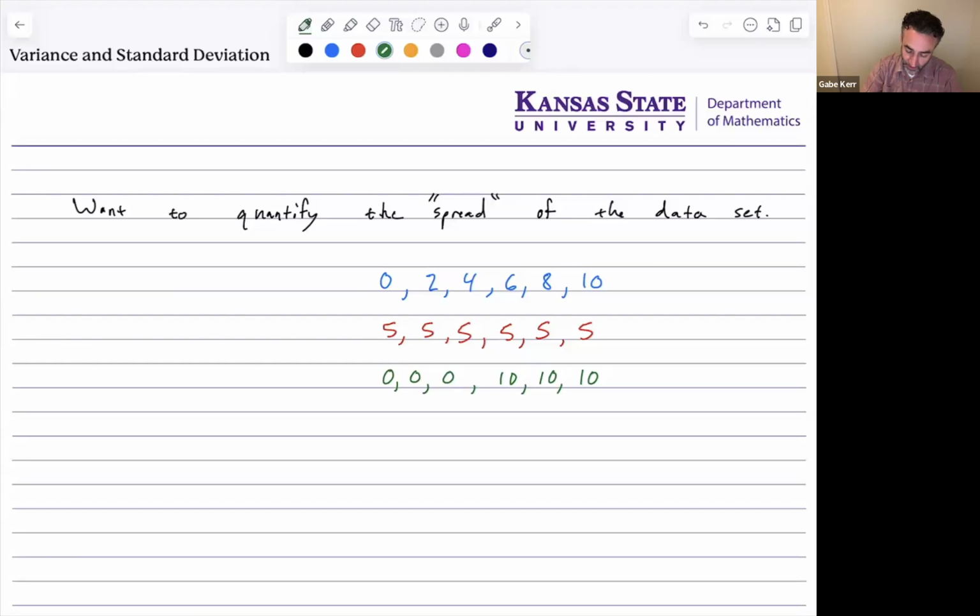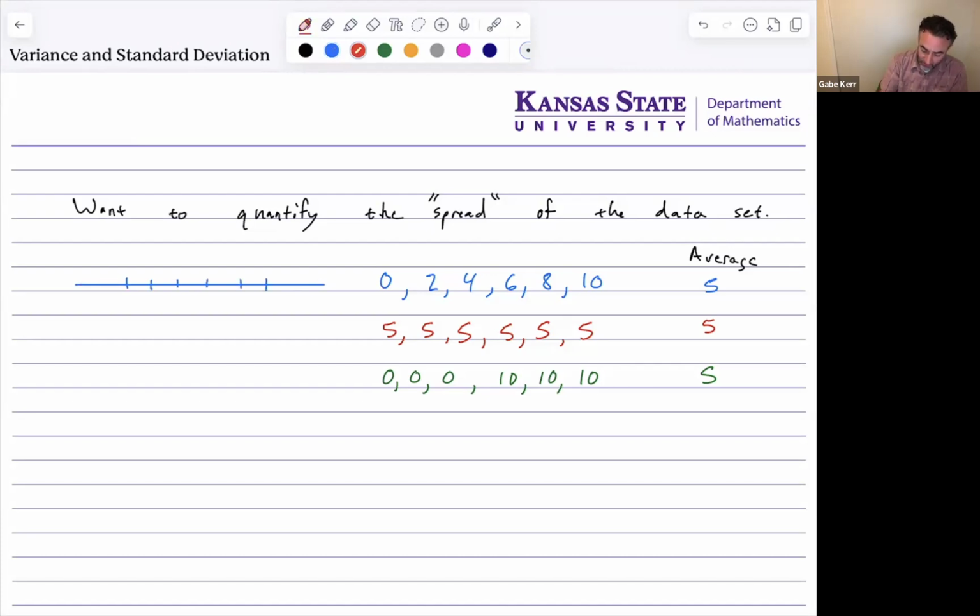These are three data sets. Now, if you compute the average, or the mean, of each, I get 5 here, 5 here, and 5 here. So the average is the same for these three different data sets, and knowing the average doesn't tell you how the data is spread out. If you draw a number line, the first has evenly spaced data.